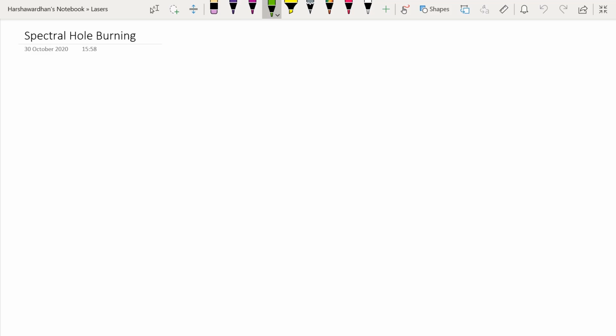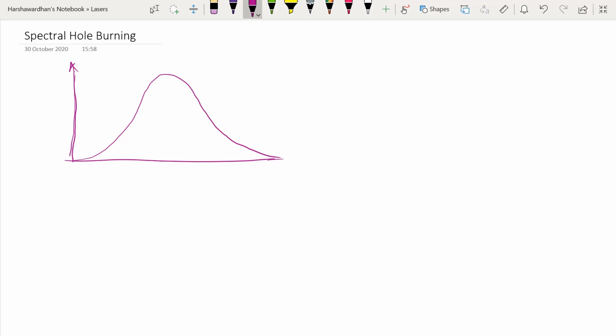Let me look at it a little pictorially. So imagine I have a collection of atoms, and this is my gain spectrum. And you know that this is an inhomogeneously broadened gain spectrum. So the central peak corresponds to the location nu 21, which is the resonant frequency associated with the atom.